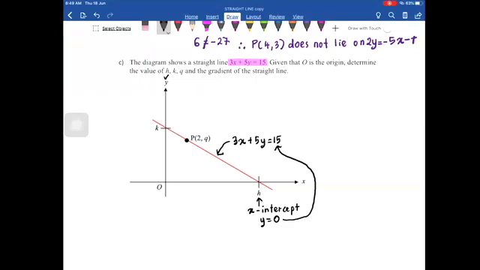Sebab H ini berada di atas straight line tersebut. So 3x plus 5 times 0, y is 0, equals 15. So 3x equals 15, divide by 3, so x equals 5. So H is equal to 5.